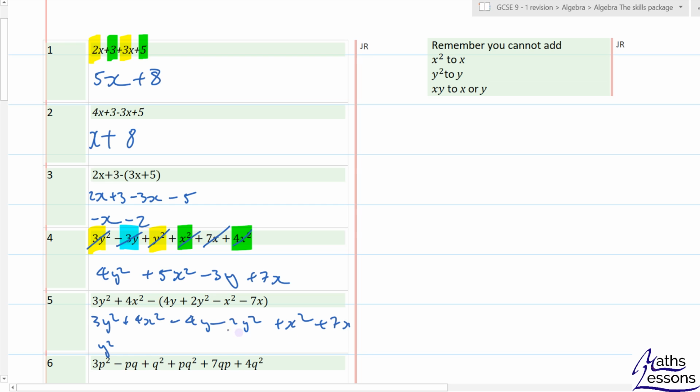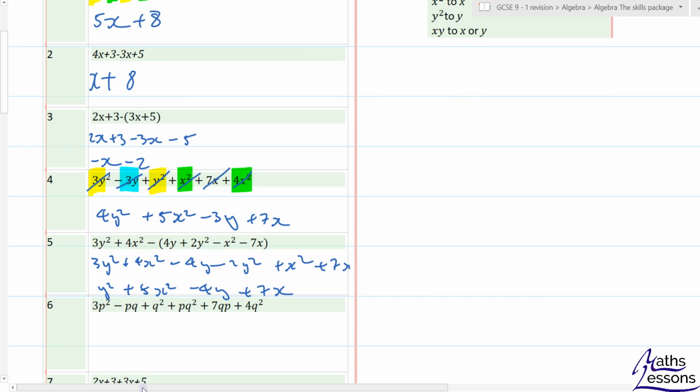We've got a 4x squared plus an x squared is 5x squared. And we've just got another minus 4 and a minus x. Remember, we can't add x squared to x, or y squared to y, or xy to x or y, or even x squared to y squared. Right.